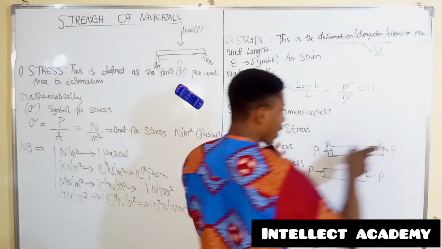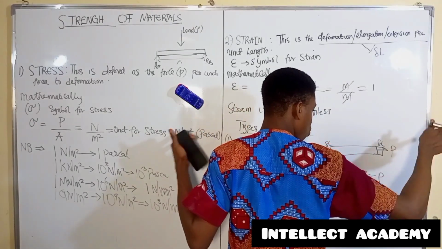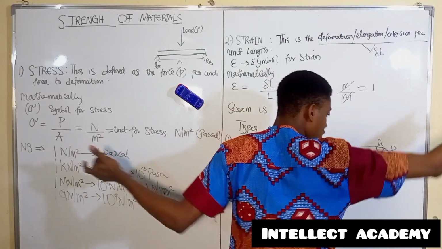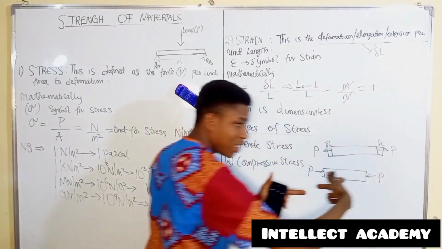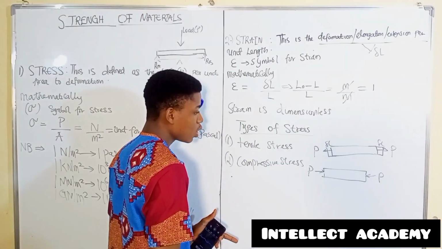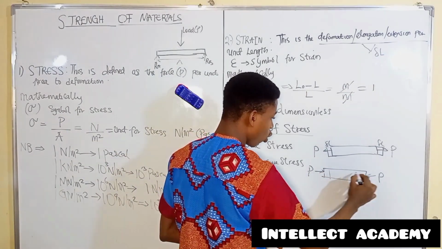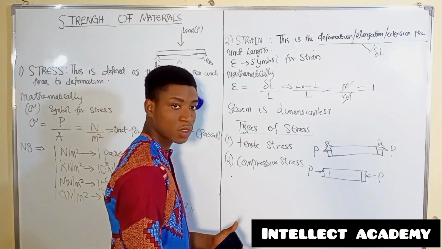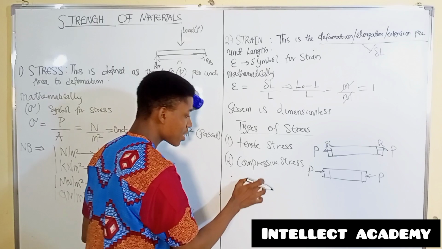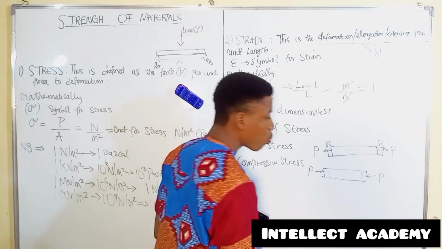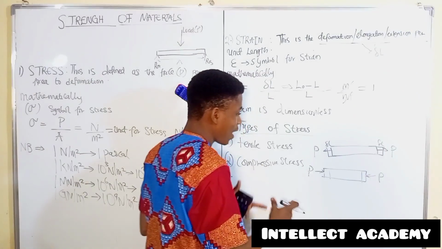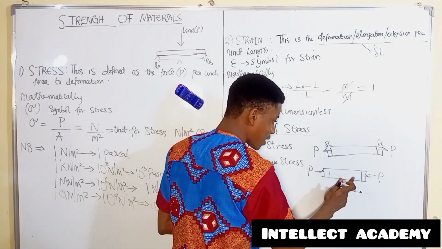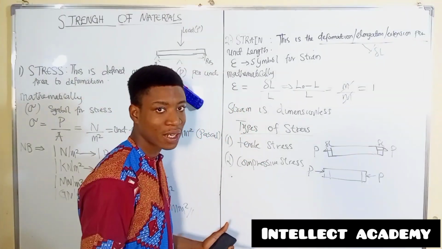Before, they were acting outward, pulling the body outward. For a compressive stress, it is pushing the body in. Now, it will result in a decrease or a shortening of the material. So take note, it is compressive stress when two equal and opposite forces are acting, pushing the body, and it will result in what? A decrease in the length of the material.